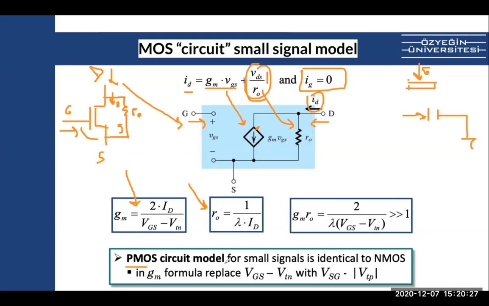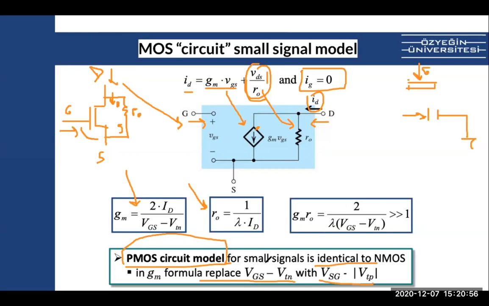For the Pmos, the model is very identical. You are supposed to study Pmos yourself first because I don't have time to cover this in this class. But everything is the same, it's just that the formulas replace VGS minus VT with VSG minus the absolute value of VTP.